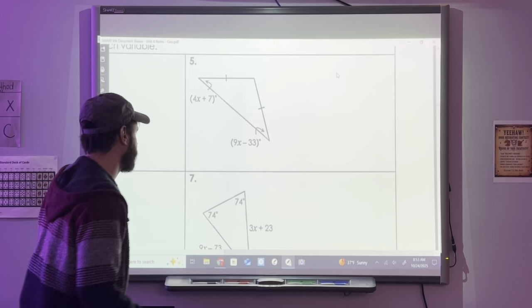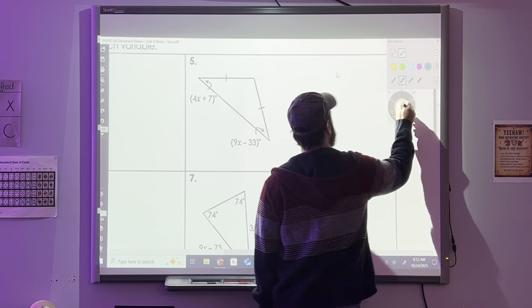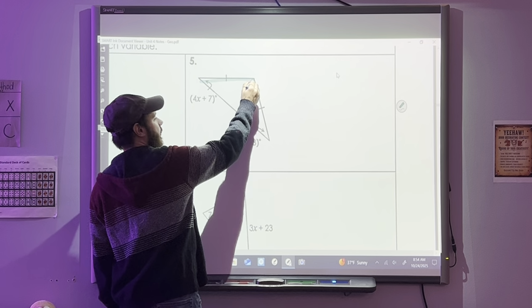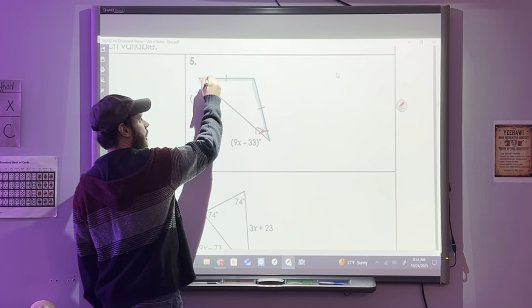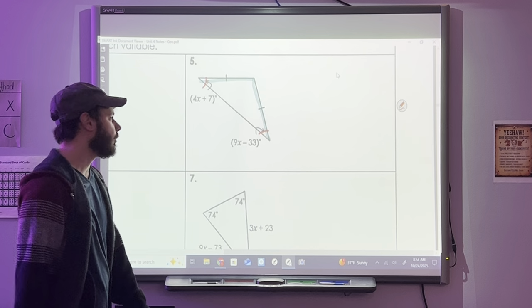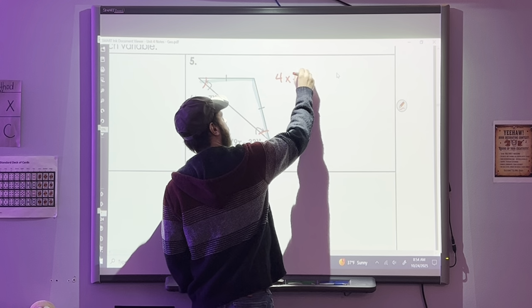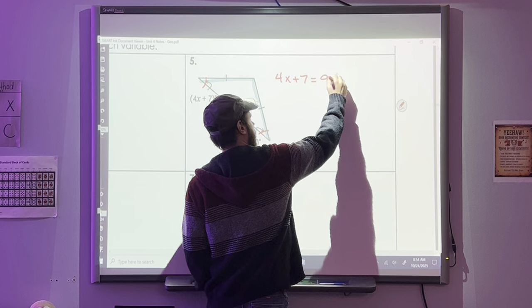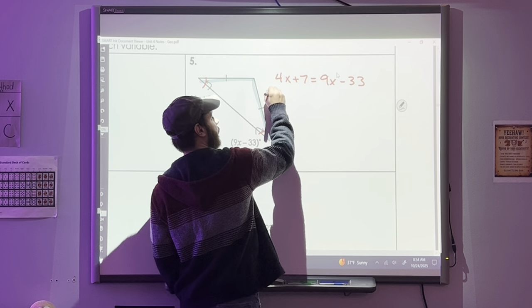All right, a little bit of algebra. So we have two congruent sides, this one and that one, which means their angles are the ones that are equal to each other. Take what you have, 4x plus 7, set it equal to 9x minus 33, and now we're gonna solve. Move the smaller x.